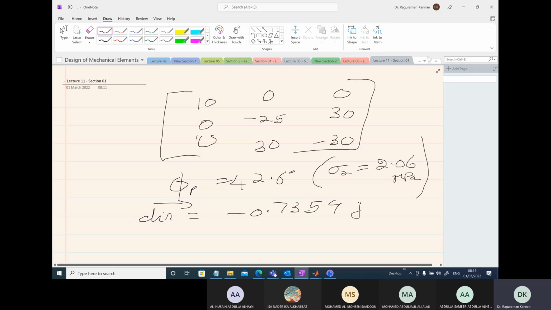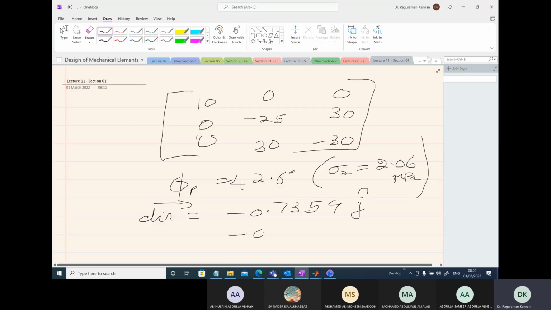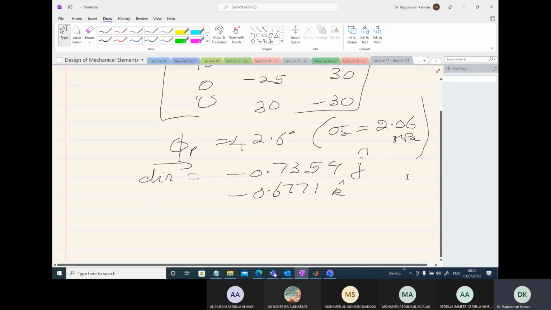This is the J. We have minus 0.7359 J and minus 0.6771 K. So this is the direction. This is the quantity Y.